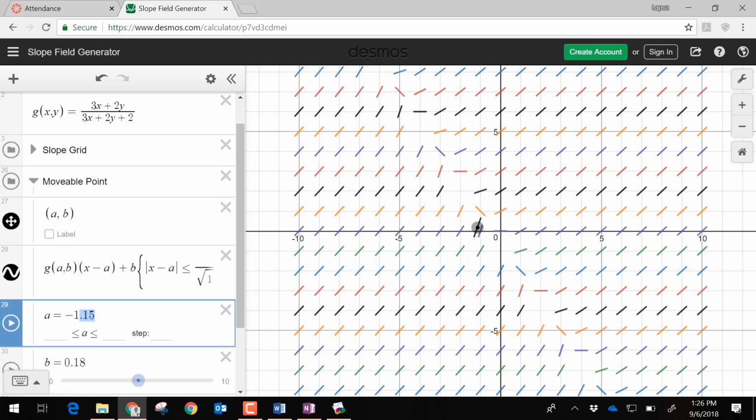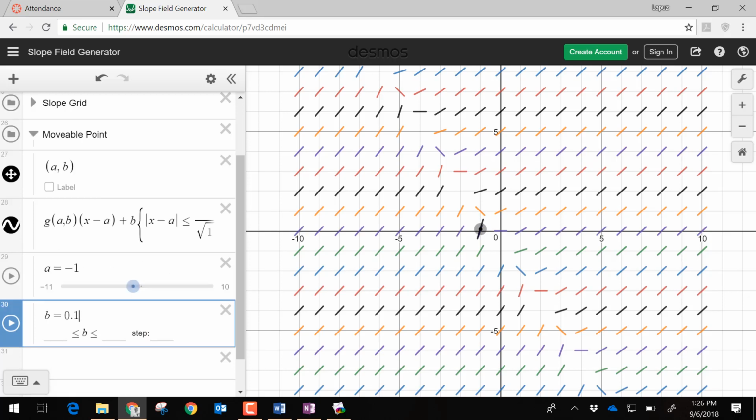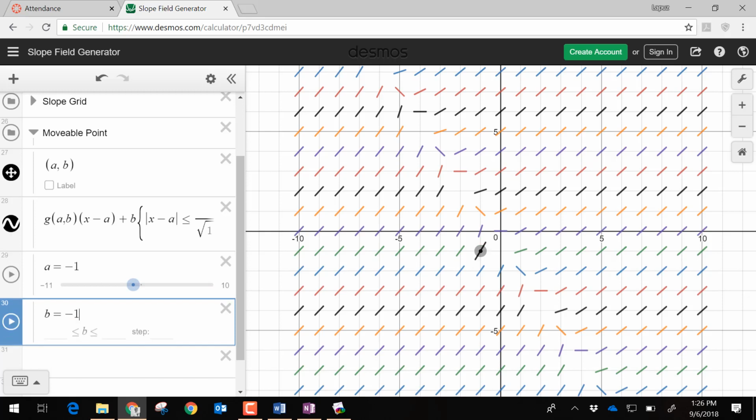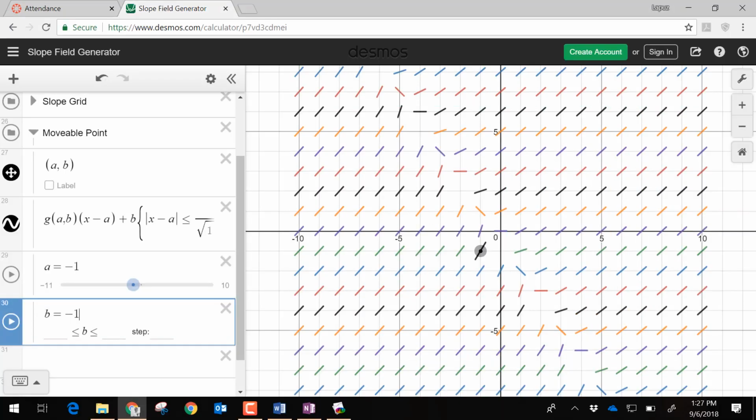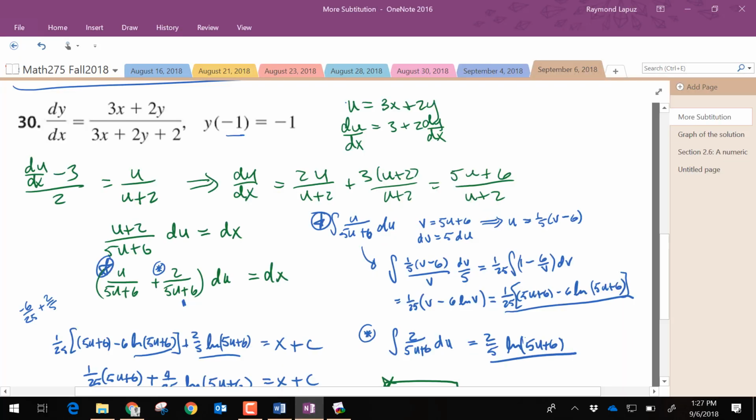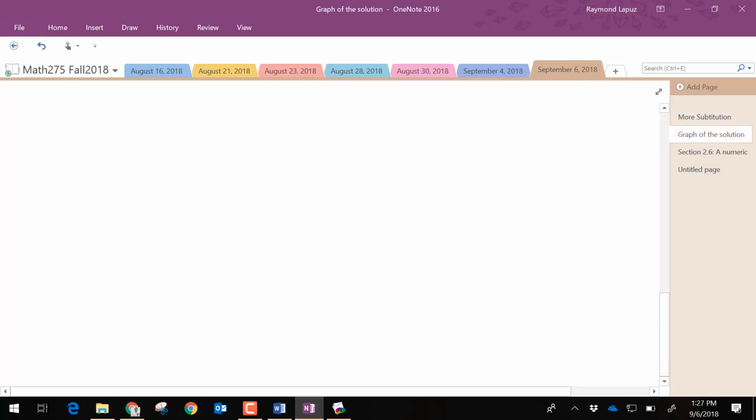Can I manually change this? -1, -1. There we go. So I don't know if that was the best slope field that we can get. We could probably have done it a little bit finer.